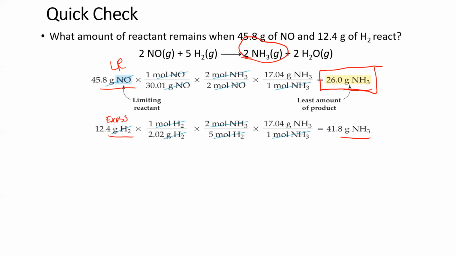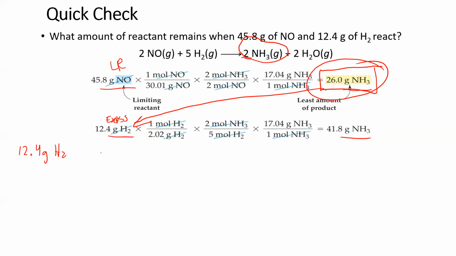How do I figure out how much hydrogen remains? It's the same thing. I'm going to take the 12.4 grams of hydrogen that I start with, and I'm going to subtract how much reacts to produce this theoretical yield. So basically, I'm going from the 26 grams of ammonia to the grams of hydrogen, just like I said before, to the grams of the excess.